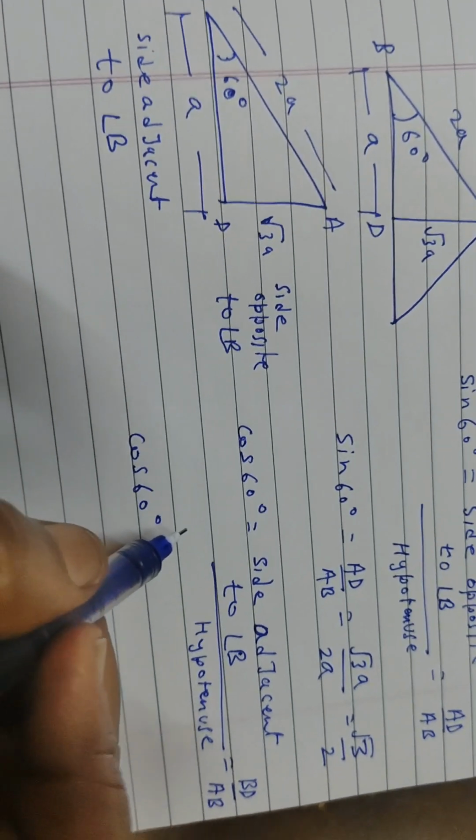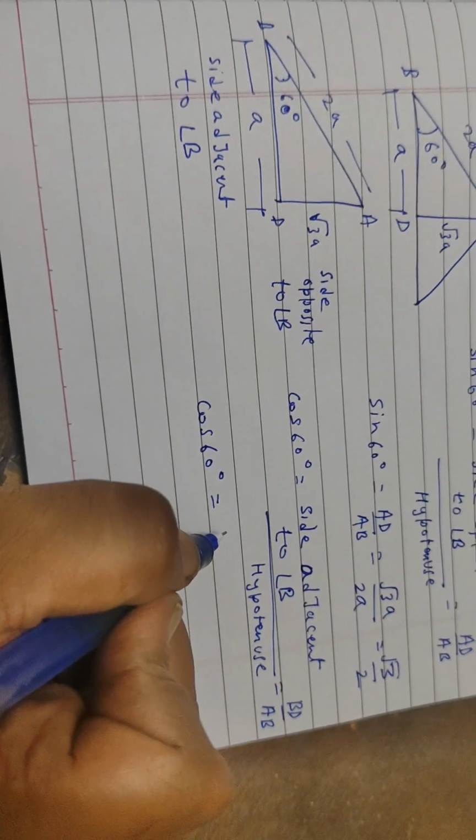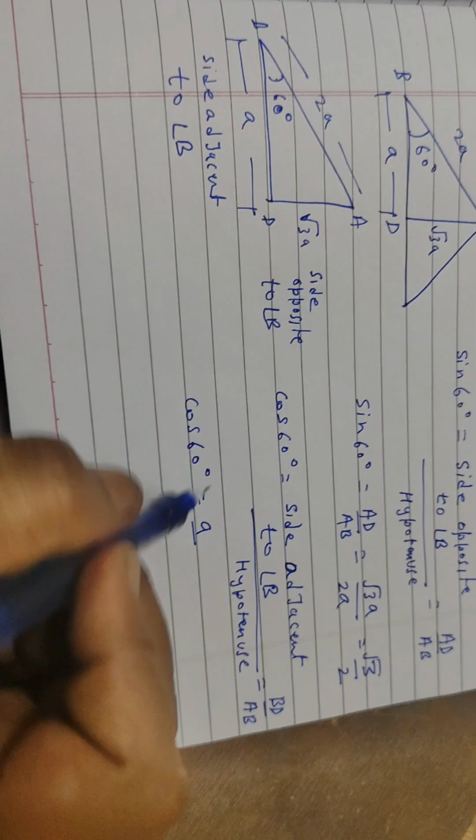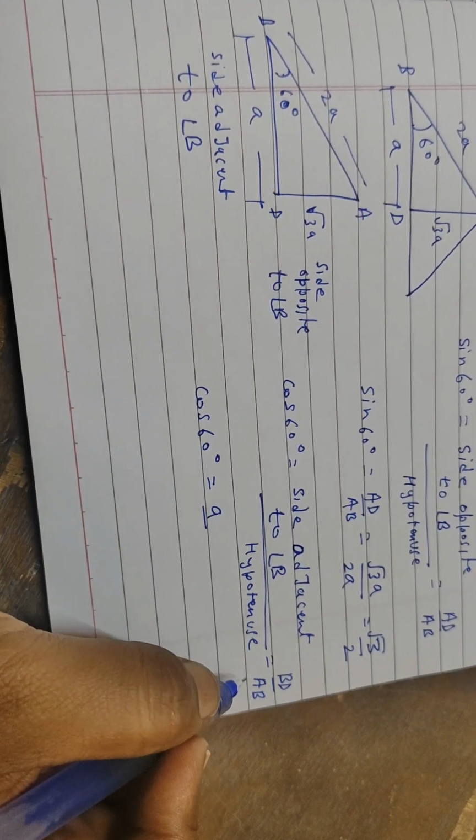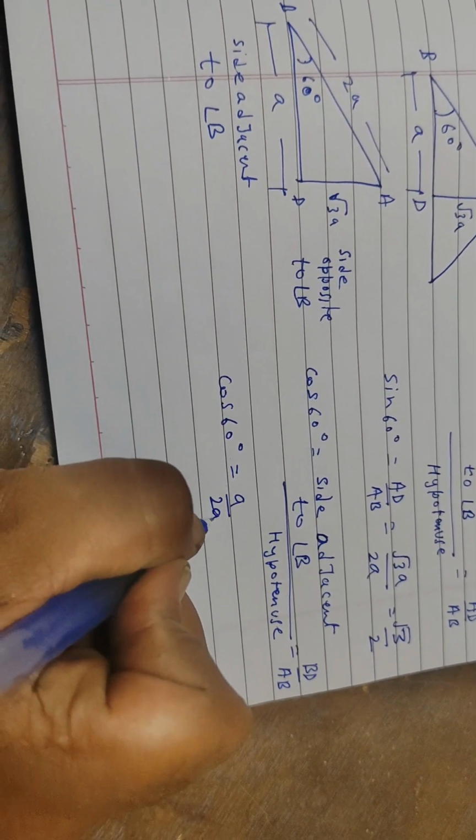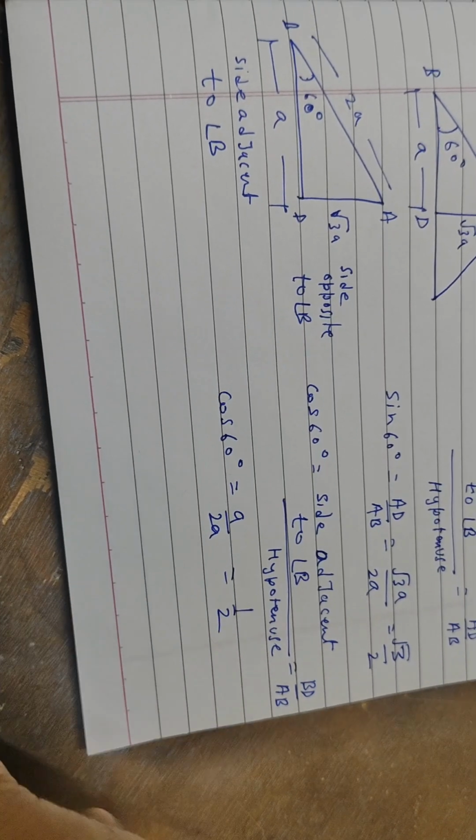BD length is A and AB length is 2A, which cancels to 1 by 2.